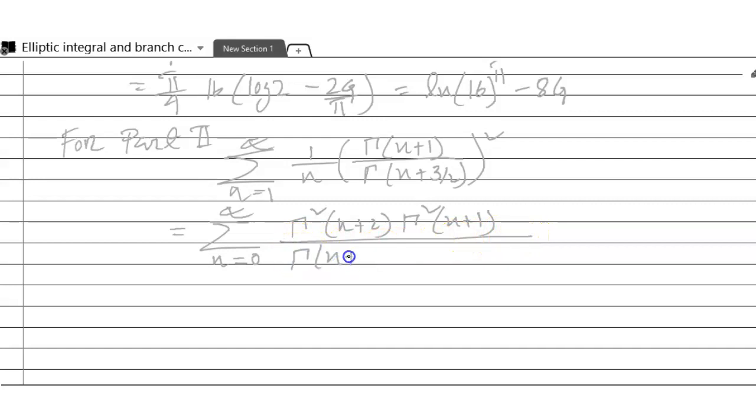gamma n plus 2, into gamma square n plus 5 by 2, 1 to the power n divided by n factorial.